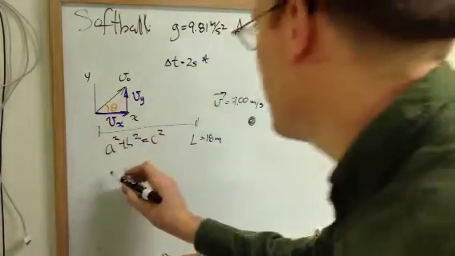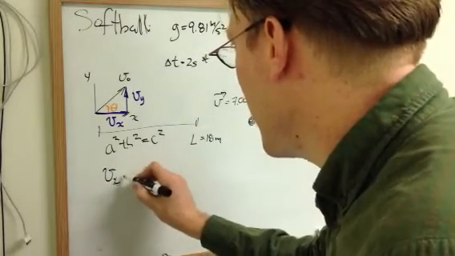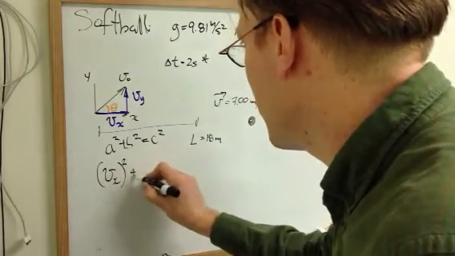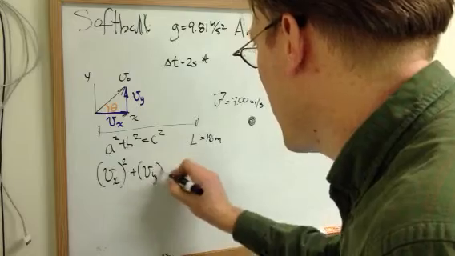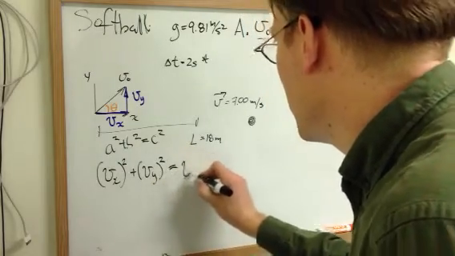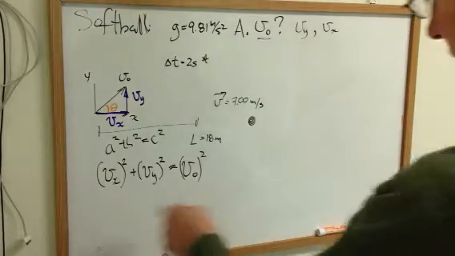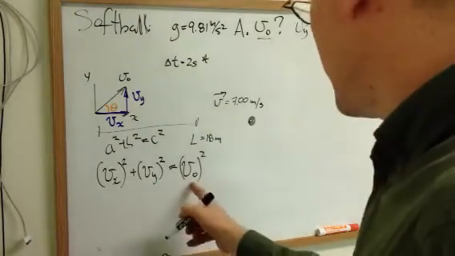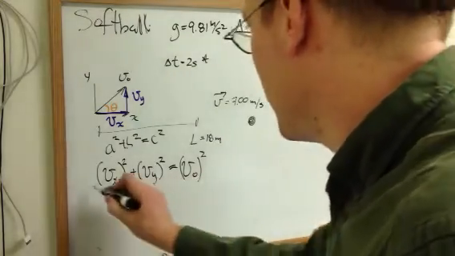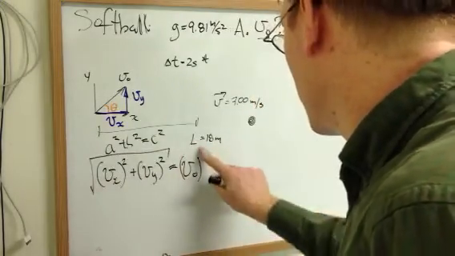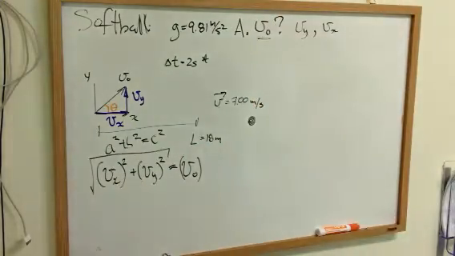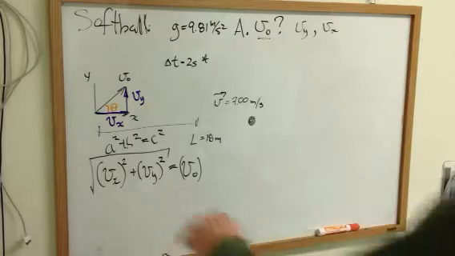For our triangle, we would translate that as vx squared plus vy squared is equal to v0 squared. These are all magnitudes, so you can then calculate v0. It would be the square root of the left side. So what is vx and what's vy?